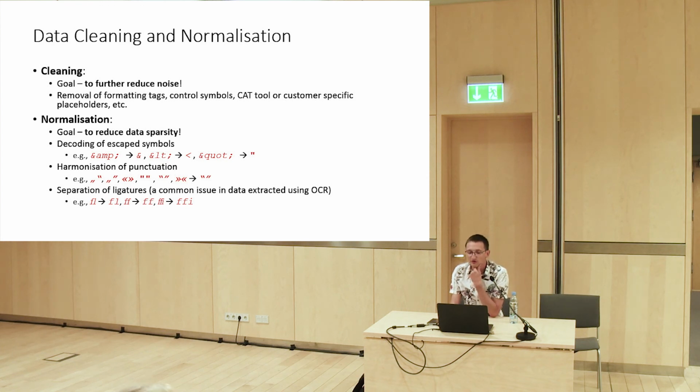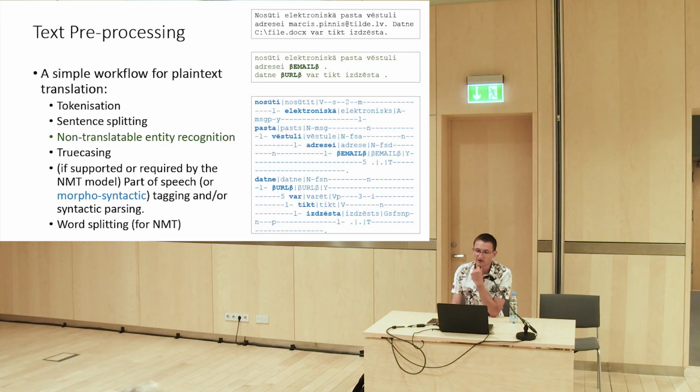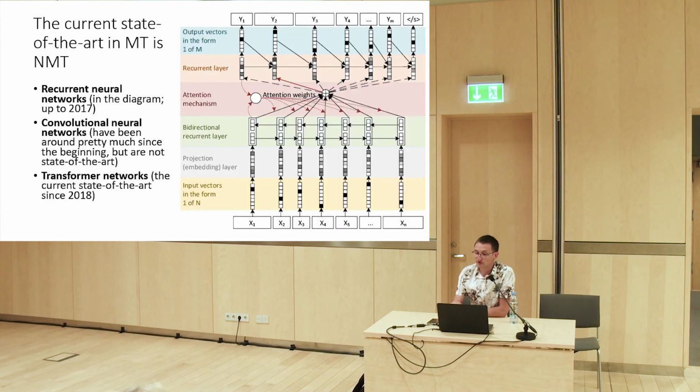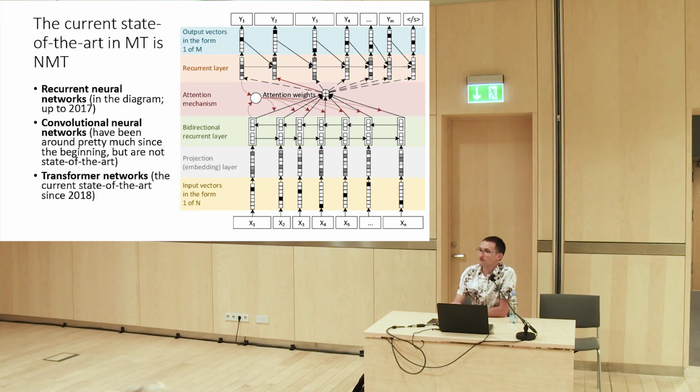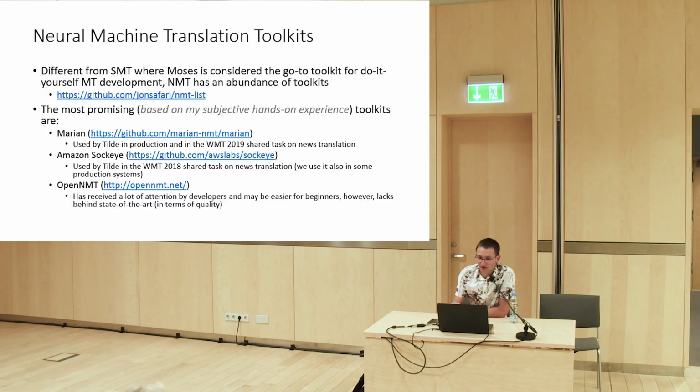There can be issues that occur because of optical character recognition if data comes from PDFs, and so on. So many different issues can be apparent. And then you also have to apply standard natural language processing pipelines like tokenization, sentence splitting, etc. That's it. And then you train a model, the one that I showed and described in this talk. And that's it.